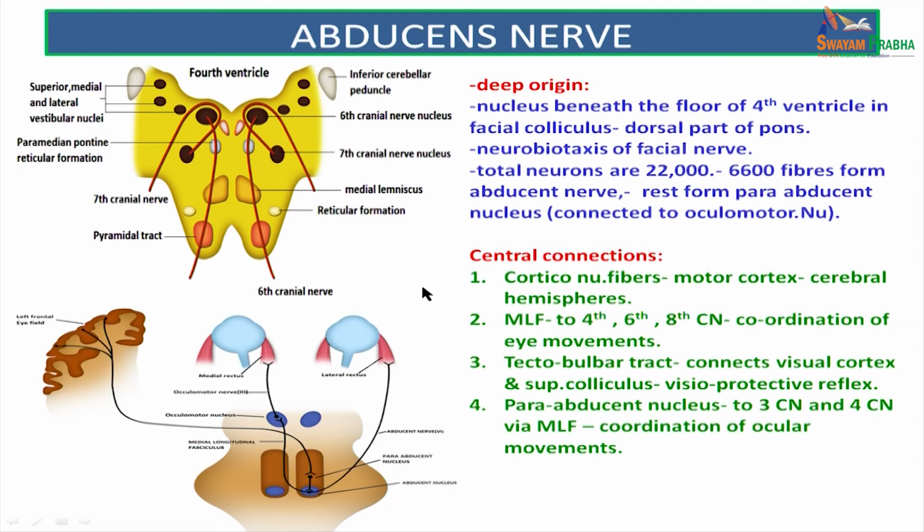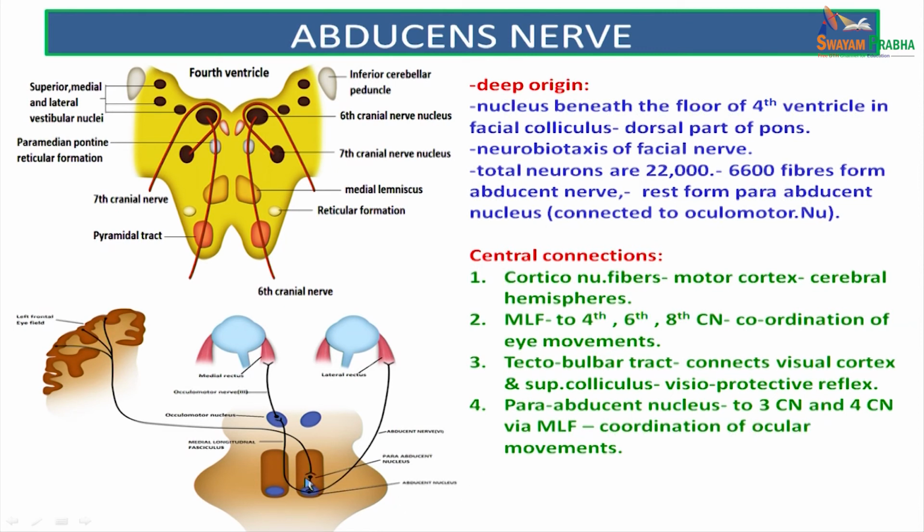The central connections of which are from the cerebral cortex bilaterally and is connected to the medial longitudinal fasciculus along with oculomotor, trochlear and the vestibulocochlear nerves, which altogether have the coordinated movements of the eyeball and is related to the tectobulbar tract which connects the visual cortex and superior colliculus for visuoprotective reflex.